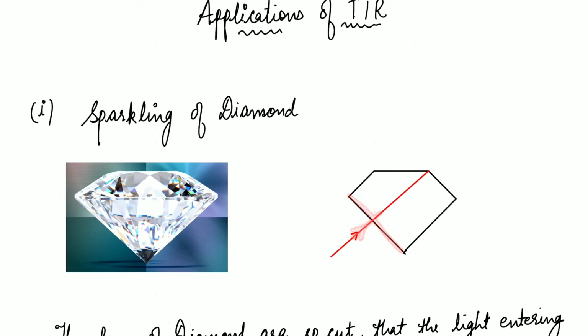It will not refract, it will enter the surface, right? At this particular point I can make a normal, and diamonds are cut in such a way that this angle exceeds your critical angle, right? And the ray is totally internally reflected, right?